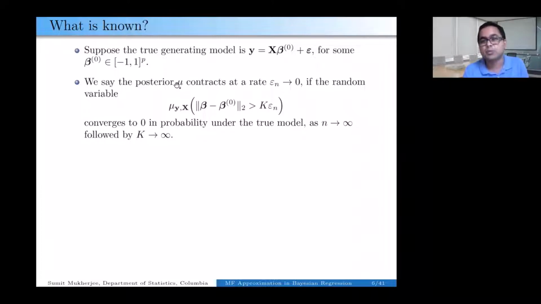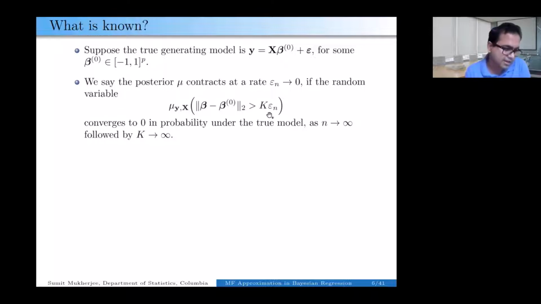We'll say that the posterior mu contracts at some rate epsilon n if, assuming that the true model is now a frequentist one, you look at the posterior probability that you take beta from this posterior, and you take beta naught, which is the true beta naught, and the L2 norm of the difference is larger than k epsilon n. This probability is now a function of y. This goes to 0 under this double limit, right? So roughly it's saying that the error that you commit is of this size, epsilon n.